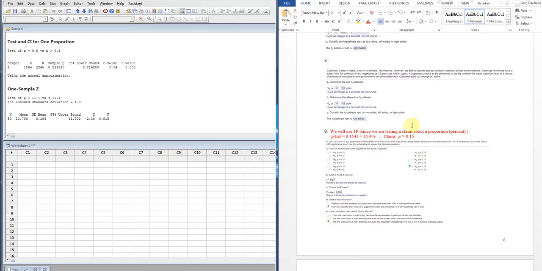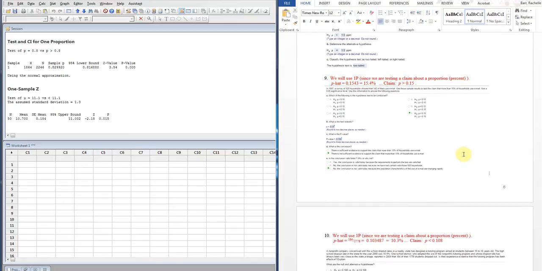Because heavy metal poisoning is not cool, and that's if you eat too many metal-containing items. So, anyway, since they just say they want to say not equal to, it's going to be a not equal to for the alternative, which means that there's our original, and therefore, since it's a not equal to, this is a two-tailed test.